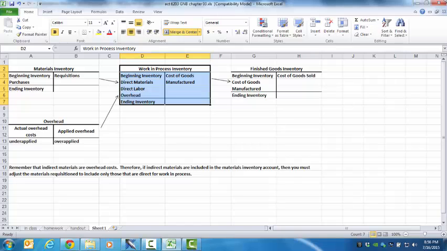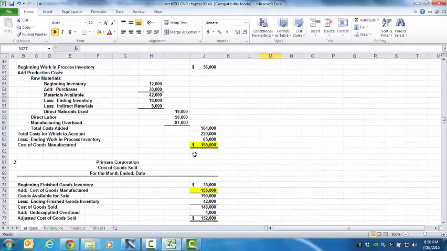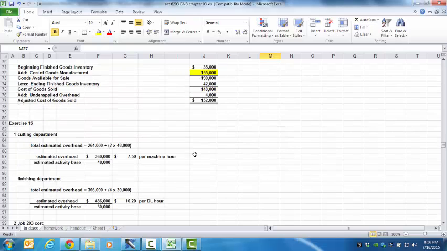And then part 3 could be finishing, which could be putting the varnish on it. And of course that would be labor driven. So maybe department 1 should be machine hours as an overhead basis, and departments 2 and 3 should be labor based. So the next thing I want to look at is this very fact of, instead of using one rate, let's use department rates. And this is exercise 15.